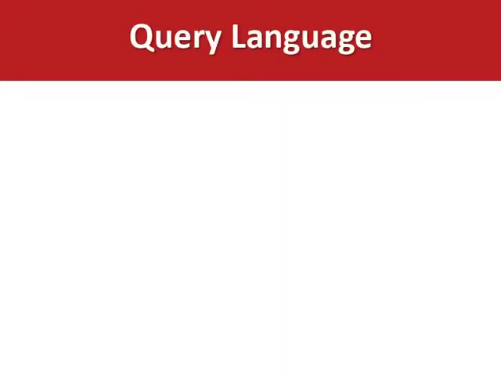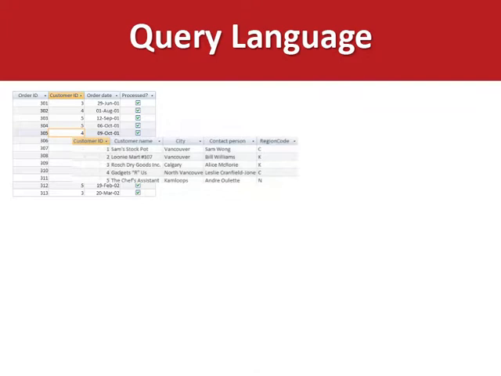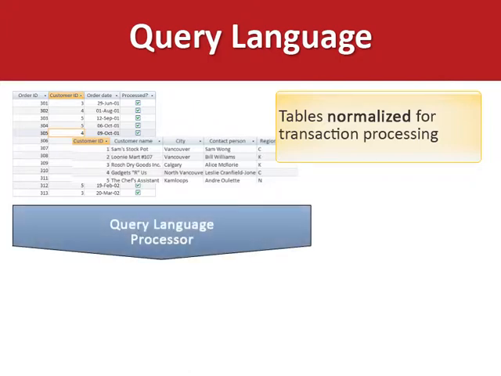Let's step through how a query language allows you to navigate a relational database system and get what you want. So you start with normalized tables, that is, these single item tables like customer and order. Then you have a query language processor.